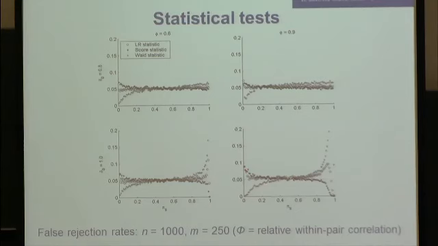In this case, this is for smaller within pair correlation, and this is for very high within pair correlation. The upper ones are for non-inferiority testing, and this is for superiority testing.